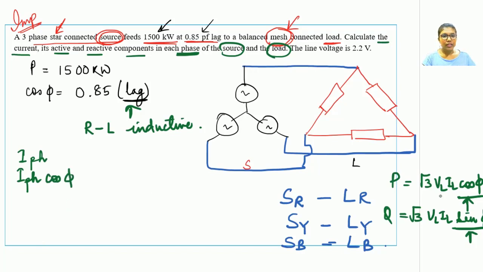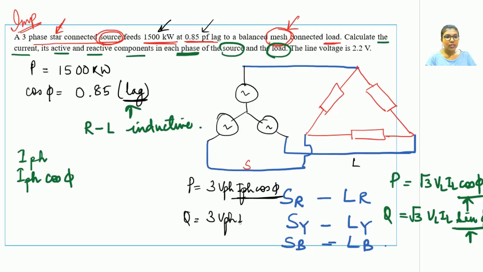We can also write this power expression in another manner, 3 V phase I phase cos phi. So this I phase cos phi is the active component of the phase current, whereas this I phase sin phi is the reactive component of the phase current.